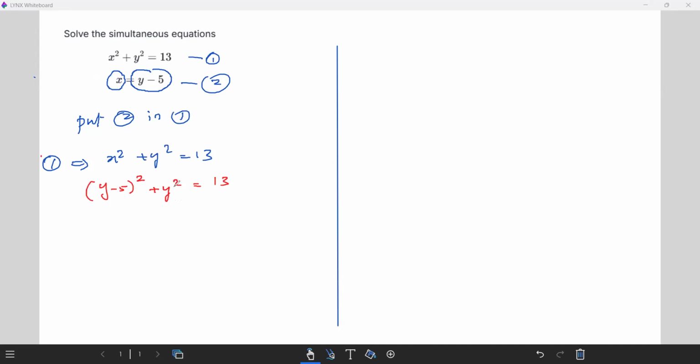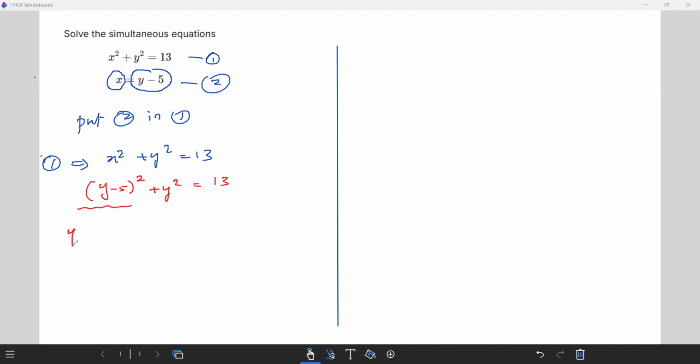Before, the equation was given in x and y. Now we have an equation involving only one variable: y minus 5 the whole squared plus y squared equals 13. Now I'm going to expand y minus 5 the whole squared.